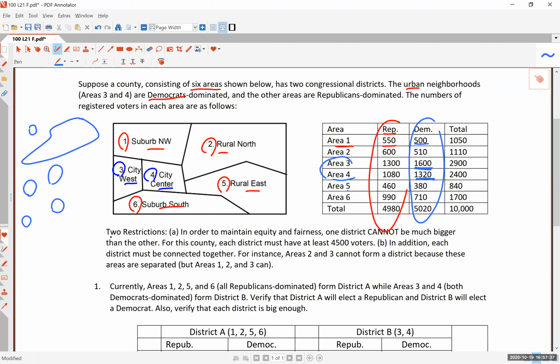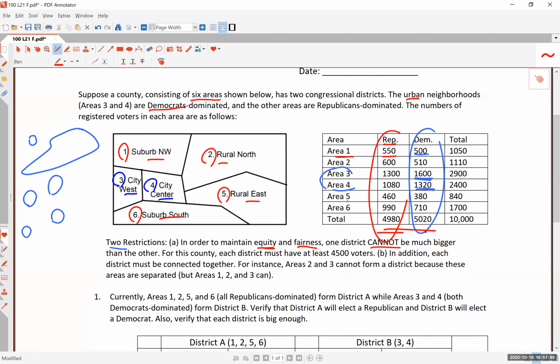All right, so there are two restrictions. What are those restrictions? Well, in order to maintain equity and fairness, one district cannot be much bigger than the other ones. So for instance, let's say for this county, and it's not a definite number that's used in real life, but for this particular scenario, each district must have at least 4,500 voters.